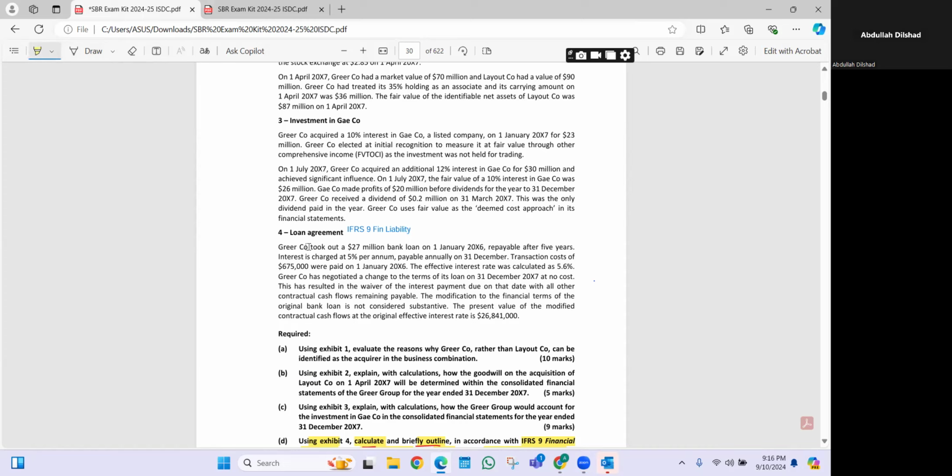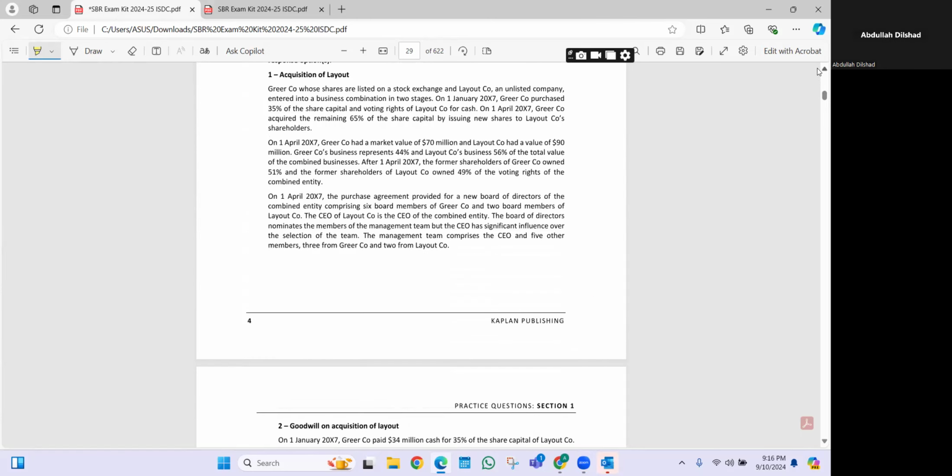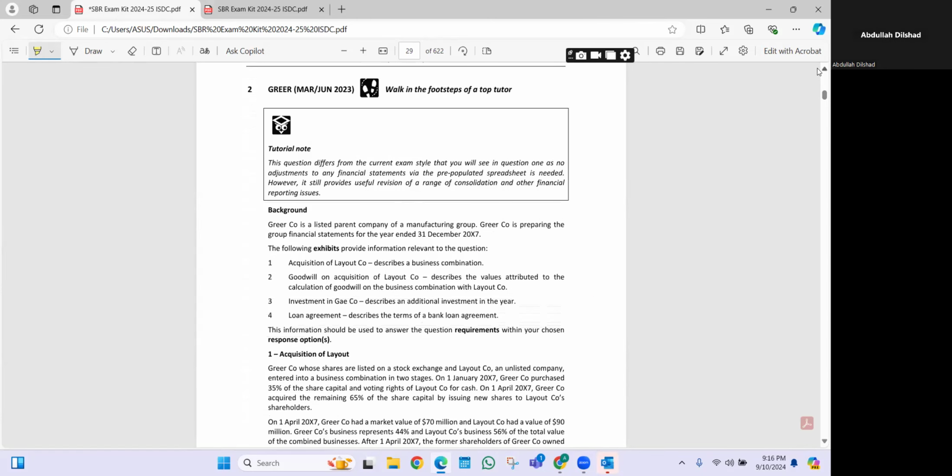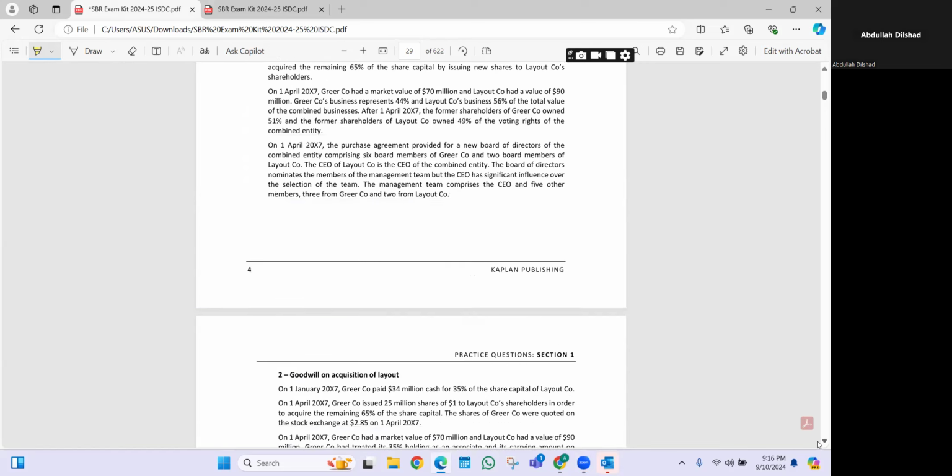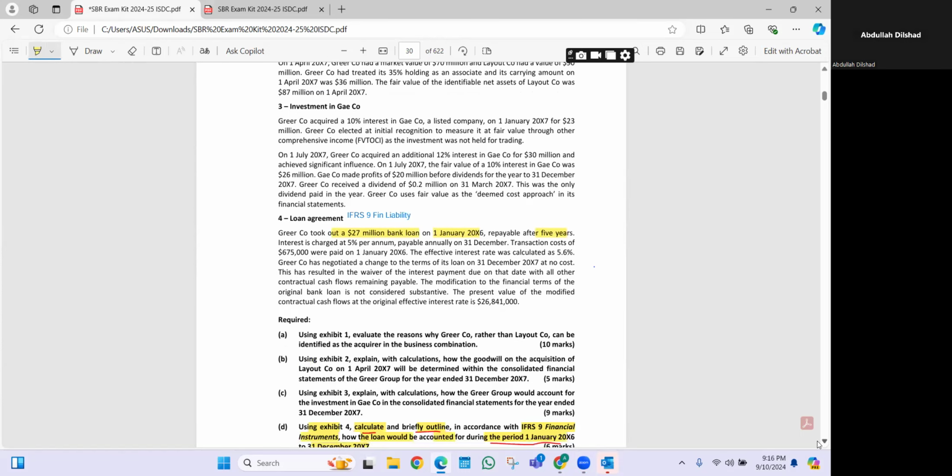Okay. So Greer Co took out a 27 million bank loan on 1st January 2006, right? For 5 years. After 5 years, we are supposed to repay. Let me again, as I remember, go and look into the financial year end. Okay. So the financial year end is 31st December 2007, right? So this loan was taken a year before the financial year beginning, right?